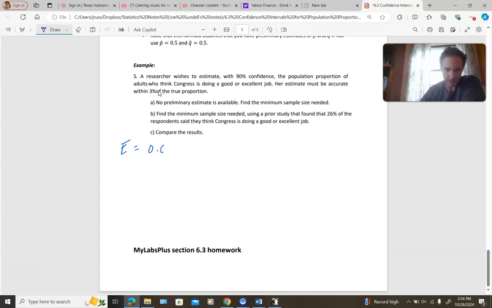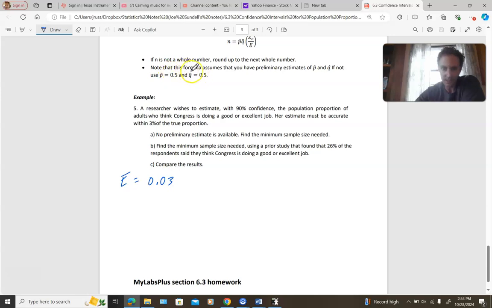Now, you got to make sure you convert that to a decimal though. This is very crucial, guys. So part A says no preliminary estimate is available, so we're going to use these estimates right here. Find the minimum sample size needed. For the first part, we're using 50% as our point estimates.